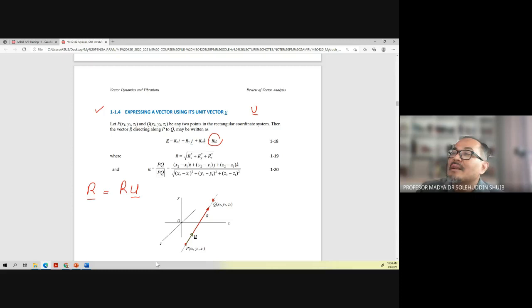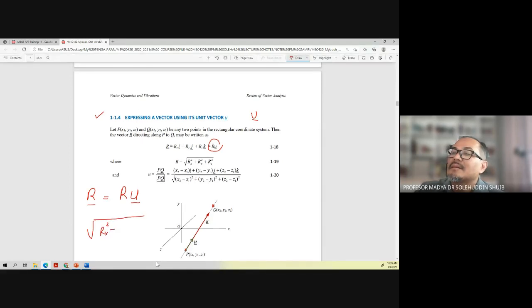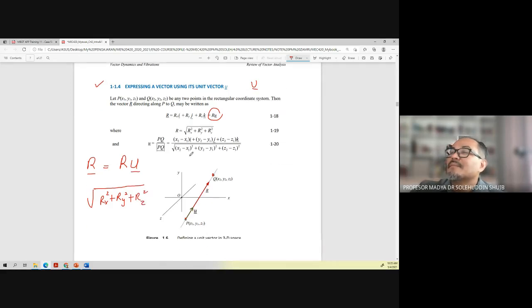The value of r is the square root of rx square plus ry square plus rz square. That one clear. And then you need to define what is U.